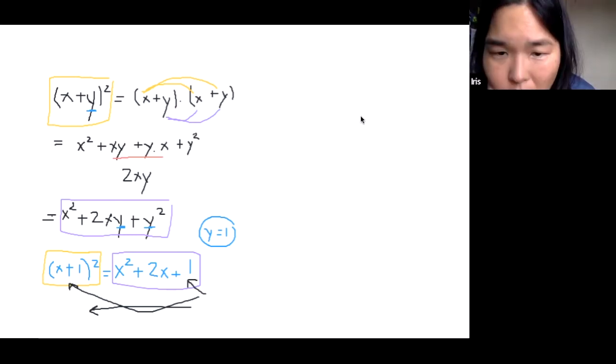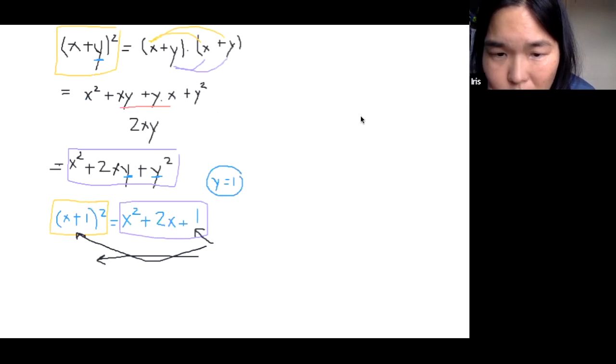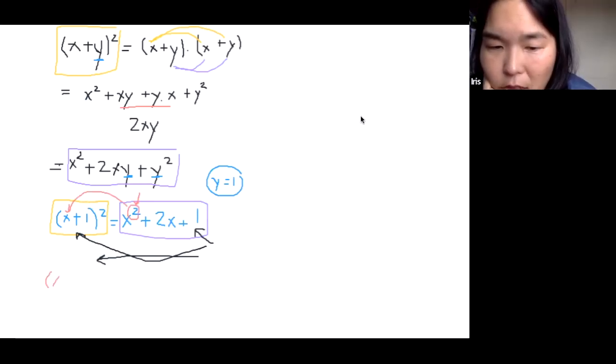Because the highest power of x here is 1, and the highest power of x here is 2. So what we are trying to do when we factor is reduce this to smaller pieces, so each multiplying factor is now smaller. x plus 1 squared is x plus 1 times x plus 1.